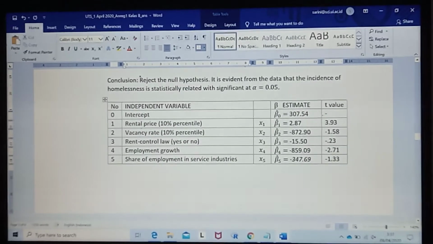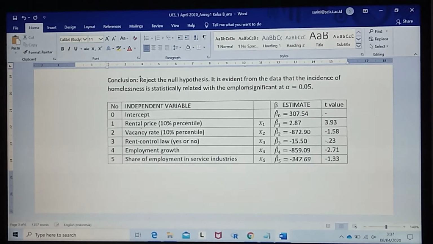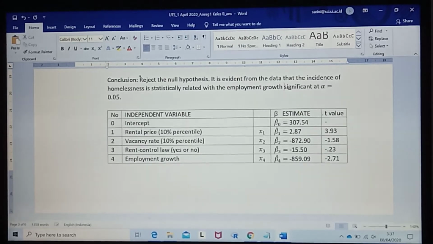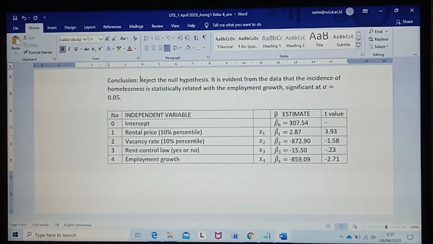With employment growth, and it is significant at the level of 5%.